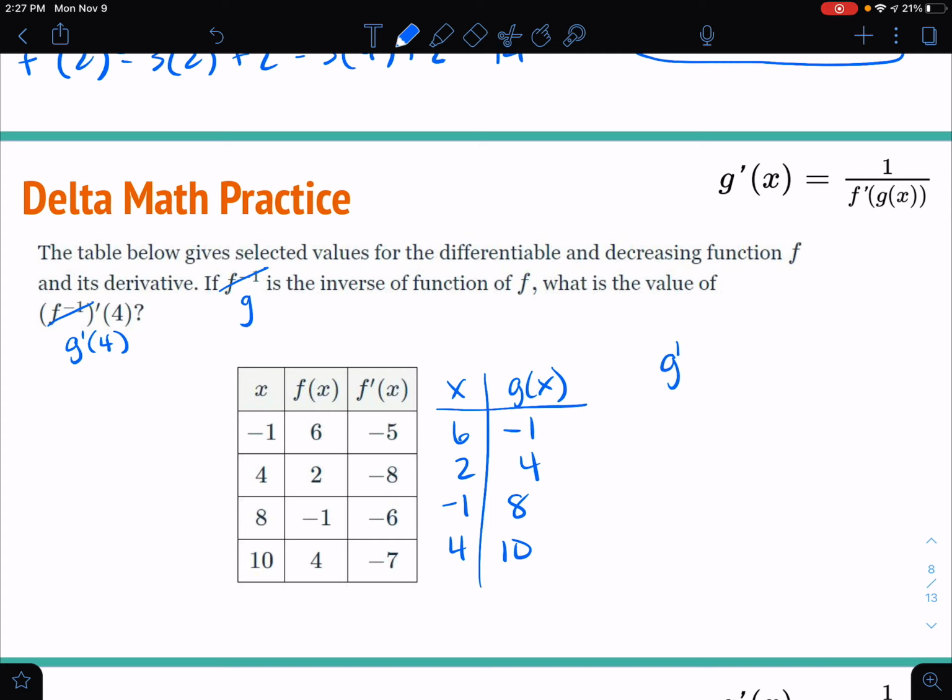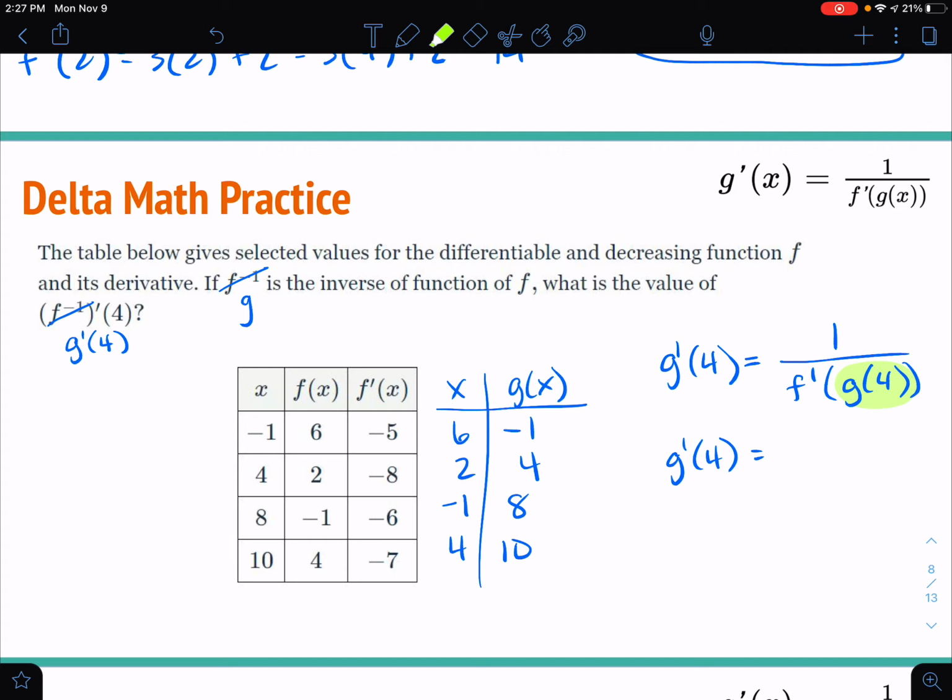Let's see what the equation tells us. If I want to find g prime of 4, I have to do 1 over f prime of g of 4. So let's start with the inside, g of 4. What is g of 4 going to be? Let's look here.